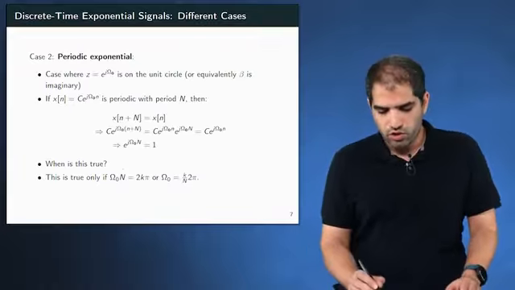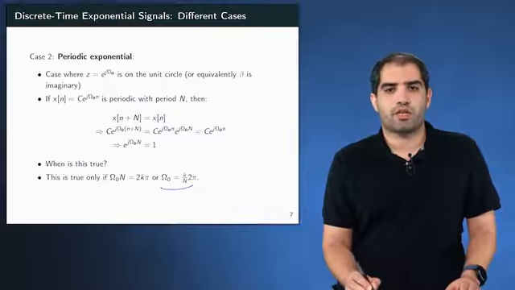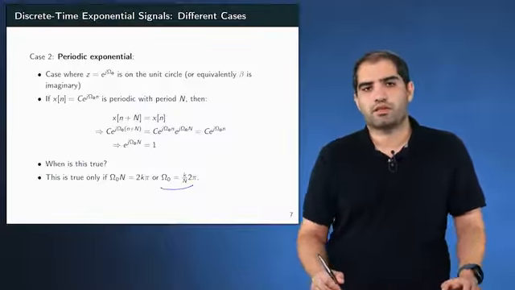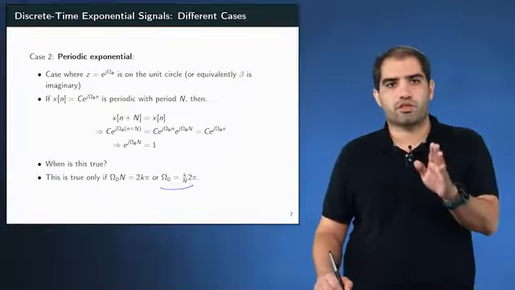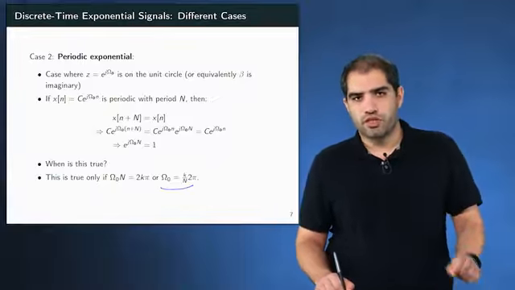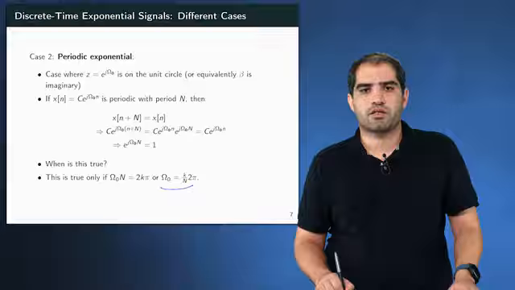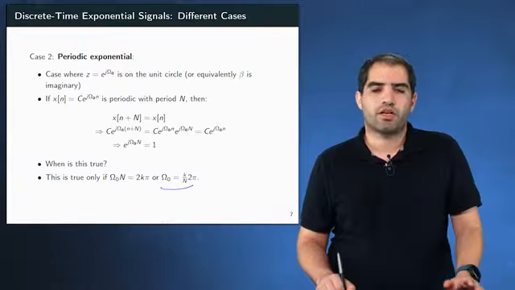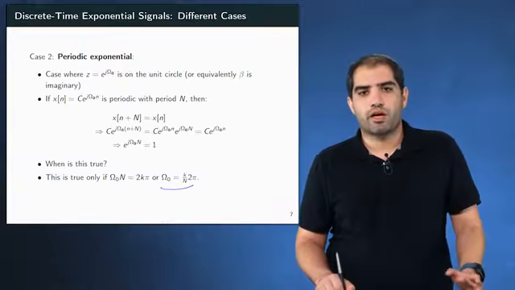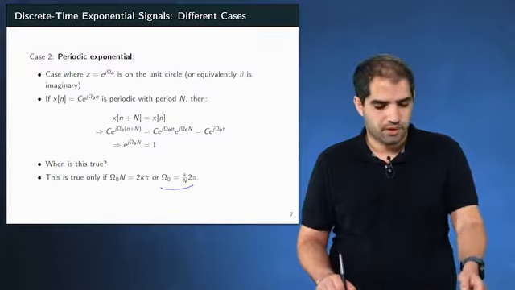Or in other words, omega naught should be k over N times 2 pi, which means that such an exponential, where z is on the unit circle, is periodic if and only if omega naught is some rational multiple of 2 pi.